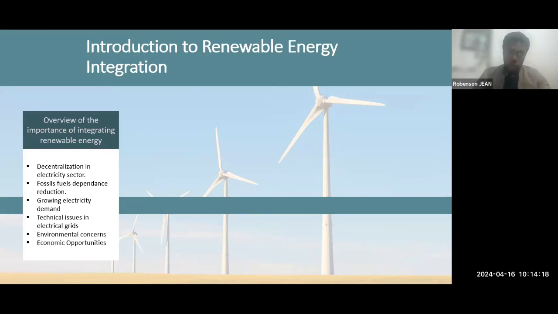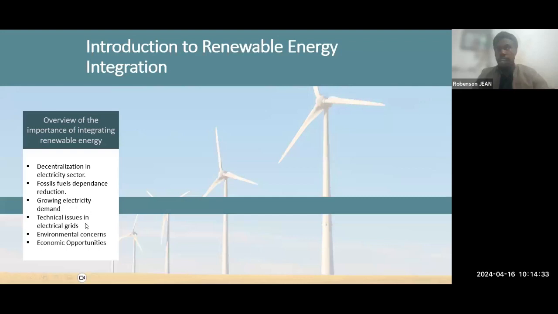without using more fossil fuels, so we can add something more with the contribution of renewables.